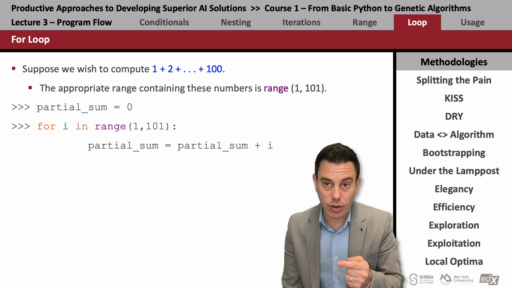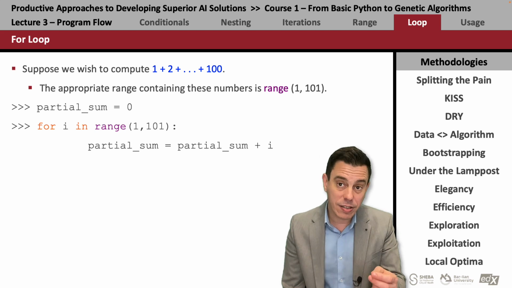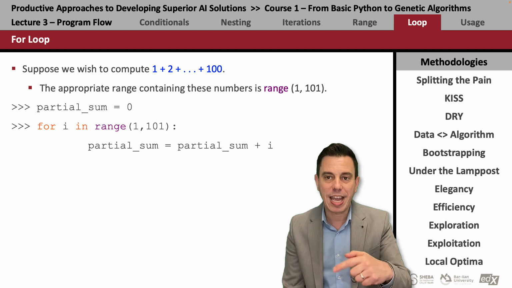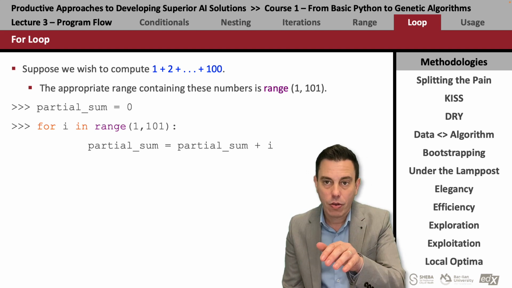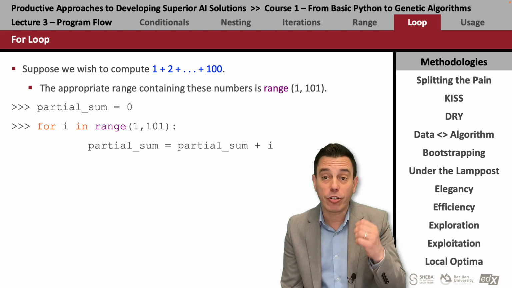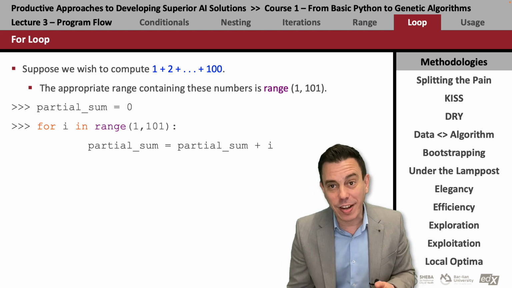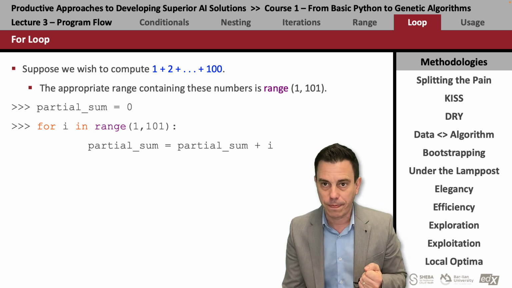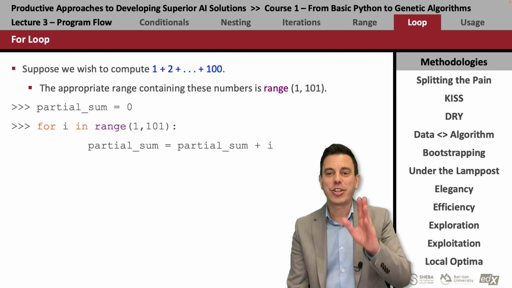In the next iteration, I will be 3, and inside the scope, partial sum, which was 3, will be added by I, which is 3, altogether 6, which will be entered to partial sum, and indeed 6 is the result after 3 steps, 1 plus 2 plus 3, and so on and so forth until we reach 100.